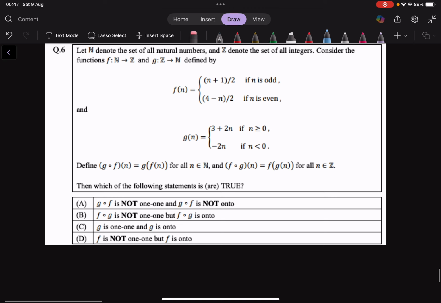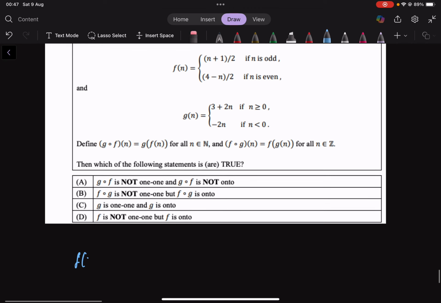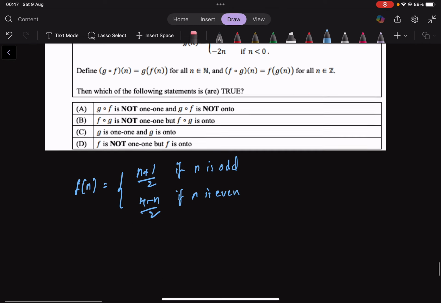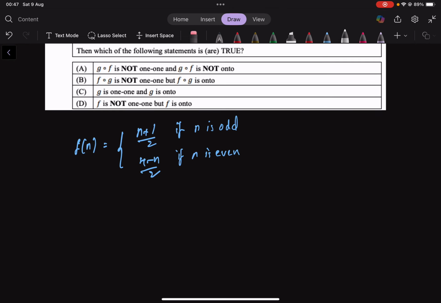So if we consider f of n, it is (n plus 1)/2 if n is odd, and (4 minus n)/2 if n is even.